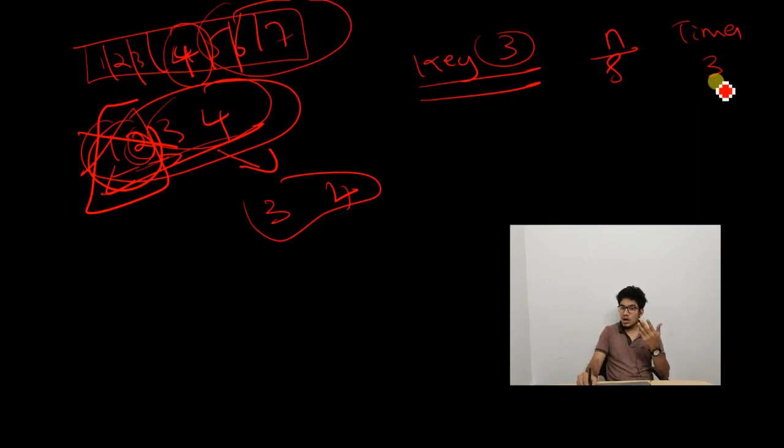And how did I get that 3? That is nothing but log n, that is log 8 to the base 2. 8 is nothing but 2 cubed. And according to the log formula, that 3 comes to this side and becomes a coefficient, and log 2 to the base 2 is always 1. So it is 3 into 1, that is 3.